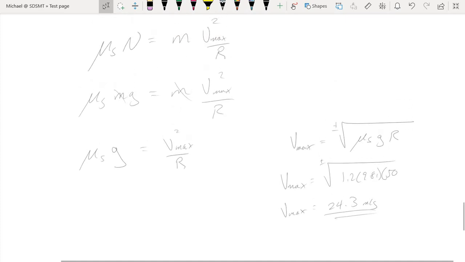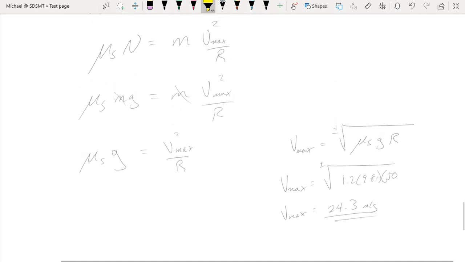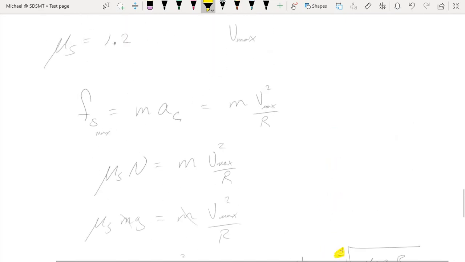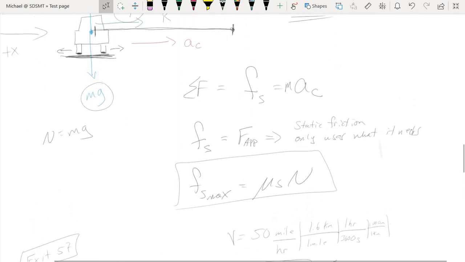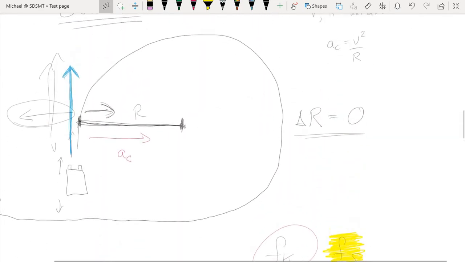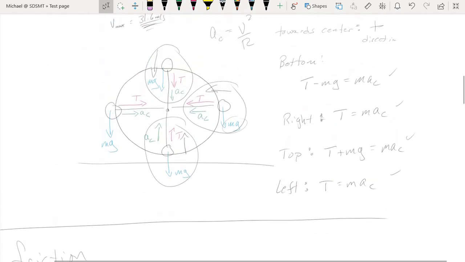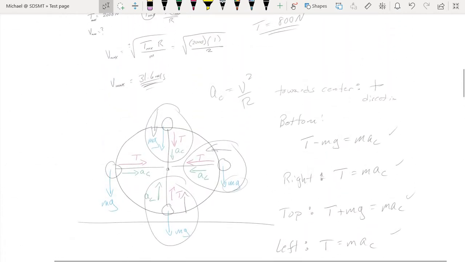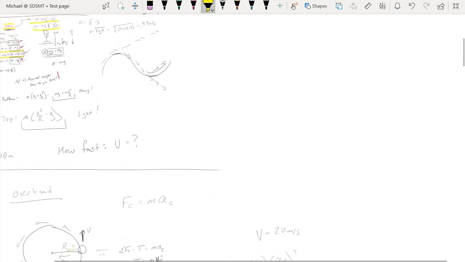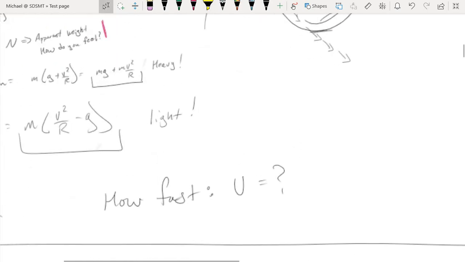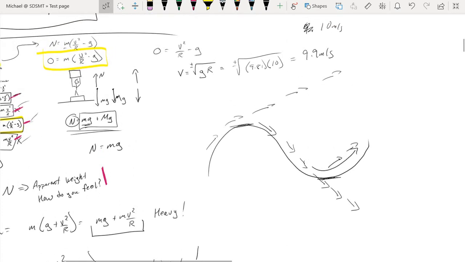Now, one thing that I've been neglecting to comment on is right here. Every time we've had a square root, I keep writing in that there's the plus minus relationship. And let's see where else we've had that. We had that here with the velocity and the tension. We also had that with the velocity and the normal force.